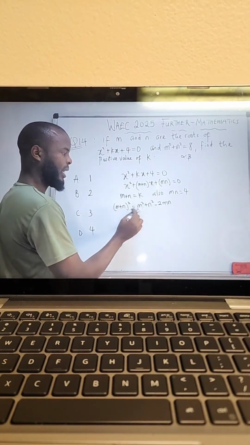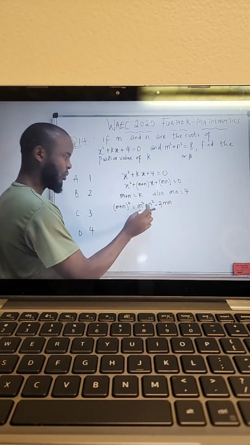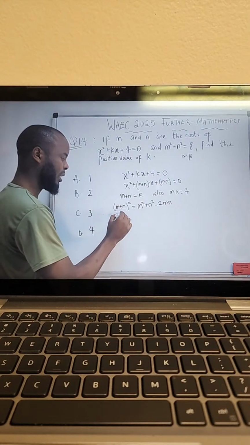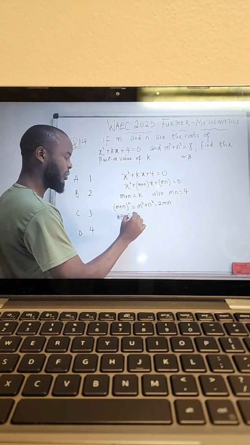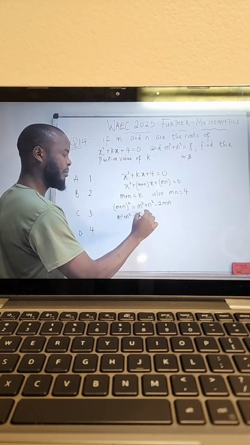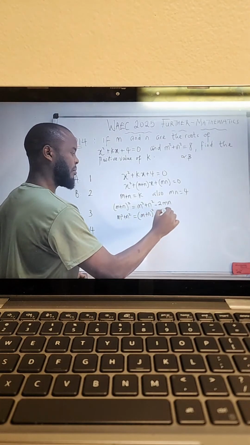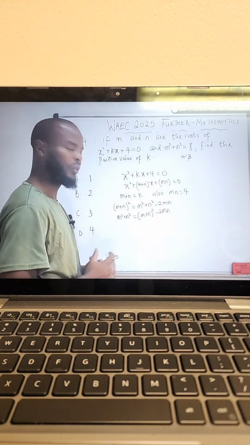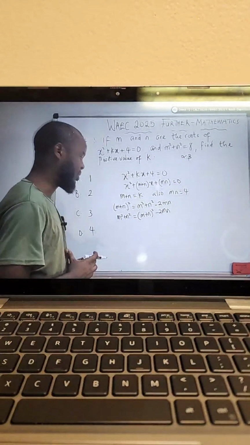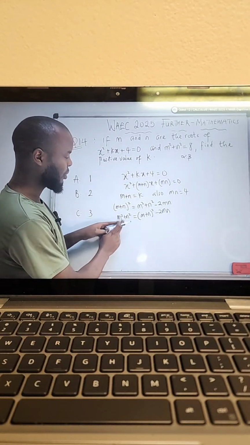Now, from here, look at this equation. You can say that you have m squared plus n squared to be equals to m plus n all squared minus 2mn. Now, this makes some sense. We have m squared plus n squared.